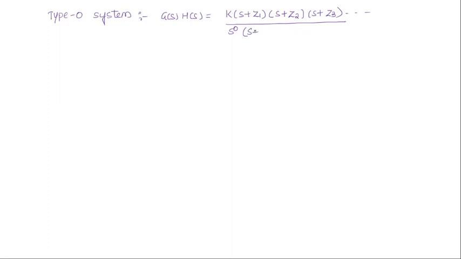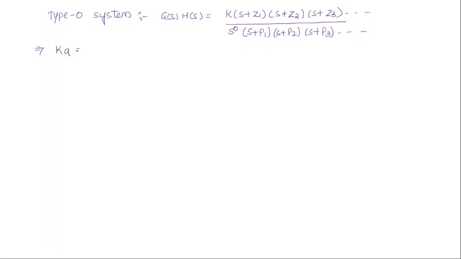For type 0 system, G of s into H of s becomes k into (s plus z1)(s plus z2)(s plus z3) and so on, with s power 0 in the denominator since the number of poles at the origin is 0, times (s plus p1)(s plus p2)(s plus p3) and so on.